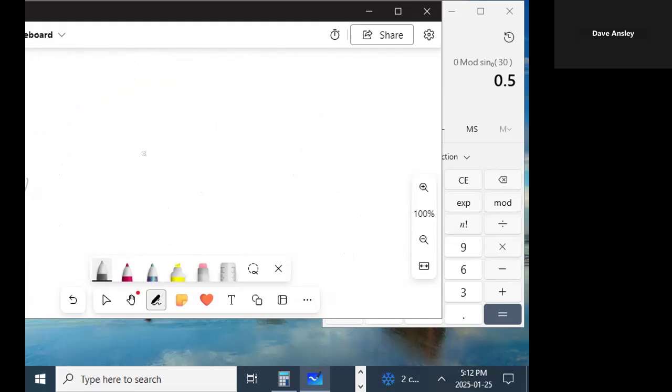So here we have another right angle triangle going on, like so. You wouldn't get many of these because it would work with Pythagoras.